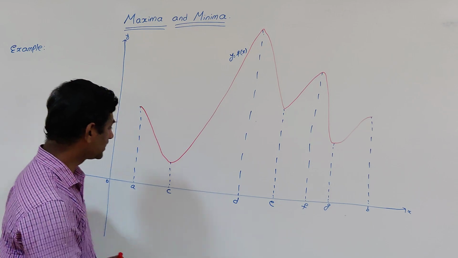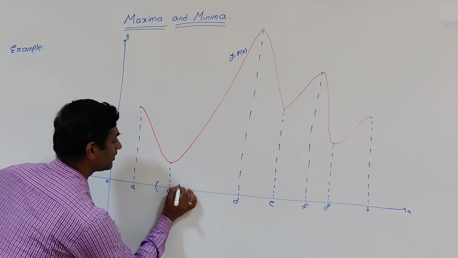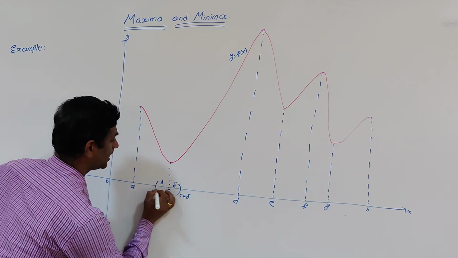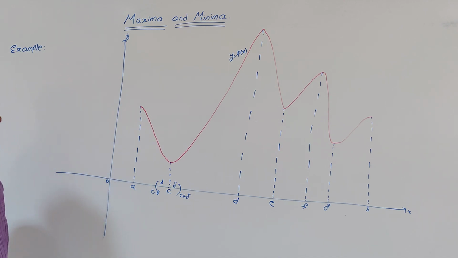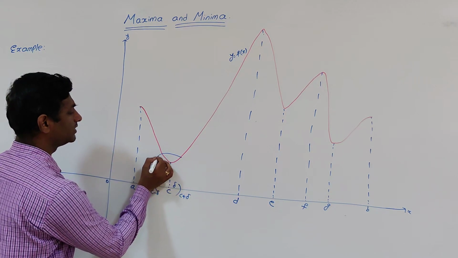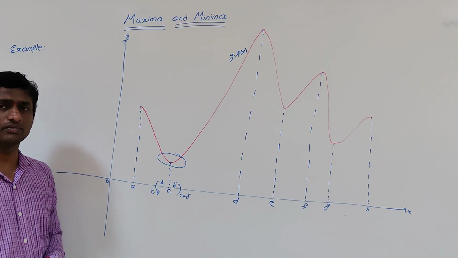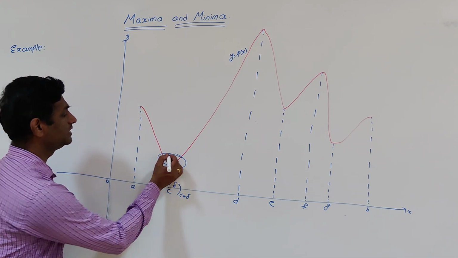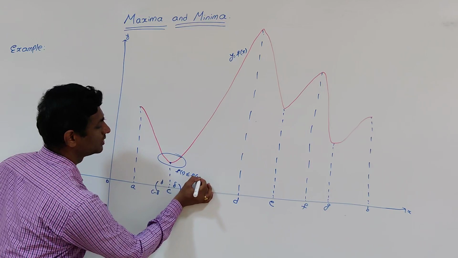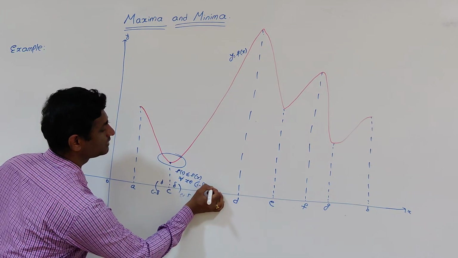Now we'll try to find out what type of point this C is. If you take a small neighborhood with delta distance, C plus delta and C minus delta, then the outputs will be greater than f of C. In this case f of C will be less than or equal to f of x for all x belongs to C minus delta to C plus delta.